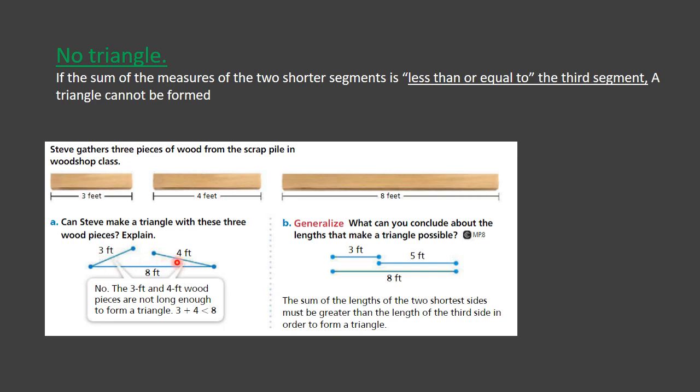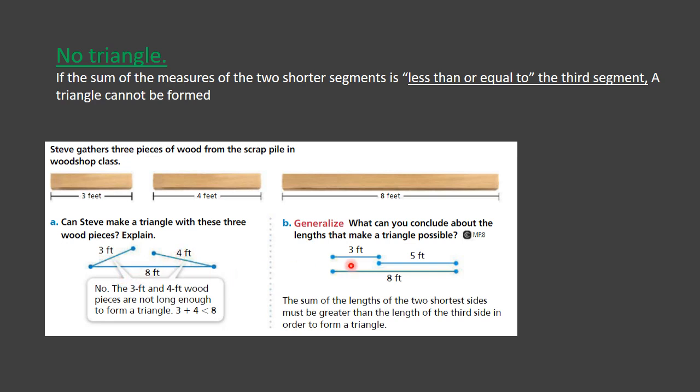The sum of these two sides is less than the third side, so we can't form a triangle using this data. That means the 3 feet and 4 feet wood pieces are not long enough to form a triangle. The sum of these two sides is 7, which is less than the length of the third side.